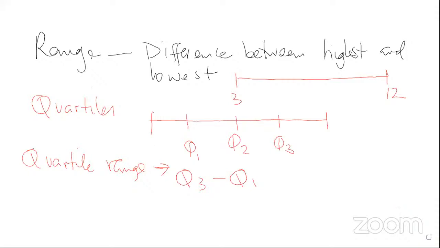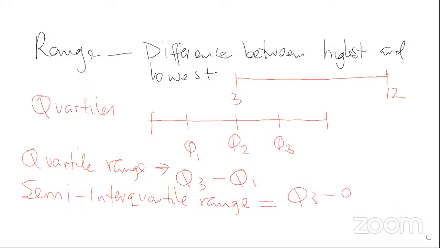Then after quartile range, there's what we call semi-interquartile range. Just as the name suggests, semi is halfway. So you take Q3 minus Q1 and you divide that answer by 2. So when you do that, what you get is known as semi-interquartile range.